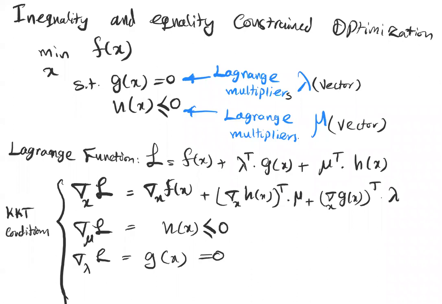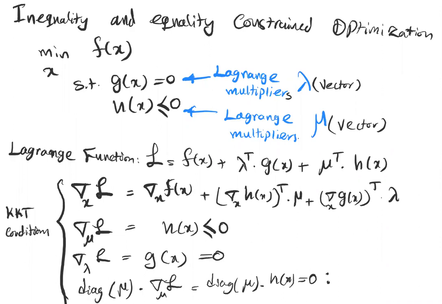And also we have the diagonal matrix with mu on the diagonal elements multiplied by gradient of L with respect to mu, which is nothing but diagonal of mu multiplied by h of x is equal to 0. We also have another constraint about mu's. Mu's should be greater than or equal to 0.